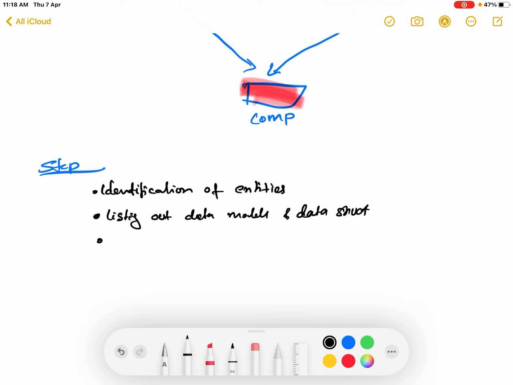Then you have to model more complex data forms. So first you identify the entities present in the real world, then you list out the data models and data structures available for modeling, and then you model more complex forms of data. These are the 3 steps.